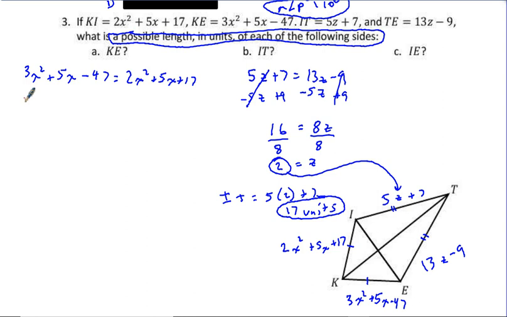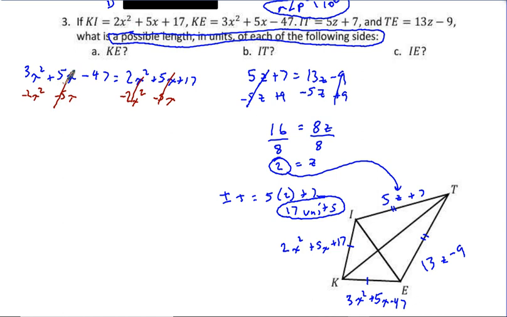Now this happens to be a quadratic equation, and so we want to move the variables and constants, everything to one side, and set the equation equal to 0, and let's see what happens. We'll subtract 2x squared from both sides of the equation. We'll subtract 5x from both sides of the equation.